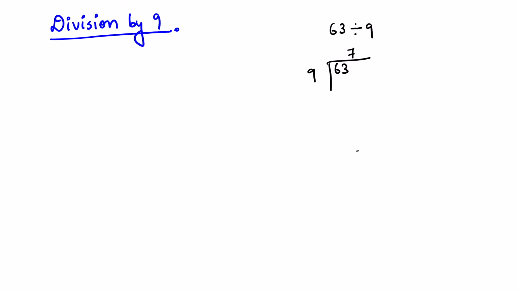So you'll be getting 7 over here, 63 over here, and you will be subtracting and you will be getting 0.